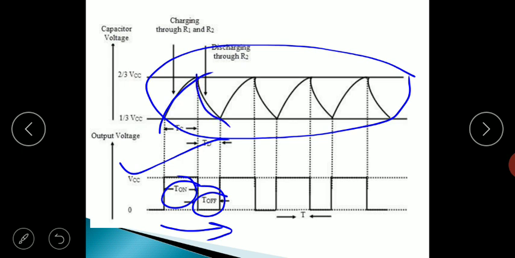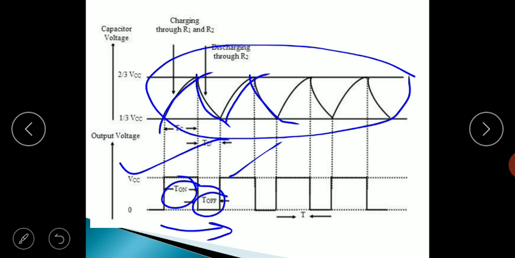It will discharge from 2/3 of VCC to 1/3 of VCC, and when it reaches 1/3 of VCC, the lower comparator output will be high, and it goes on charging towards VCC. But by the time it reaches 2/3 of VCC, again the output will go low. You can see here when the capacitor is charging, output will be high. When the capacitor is discharging, output will be low.